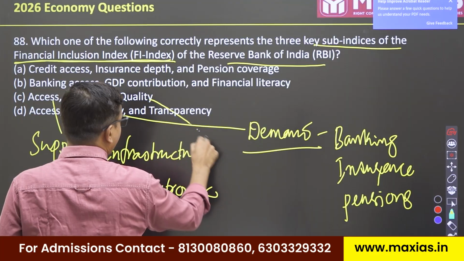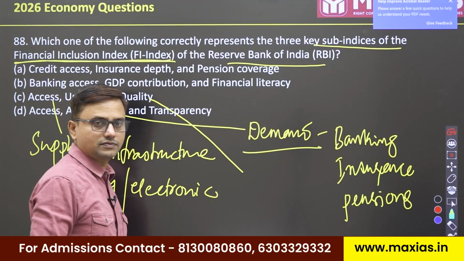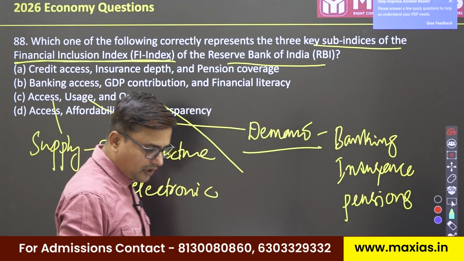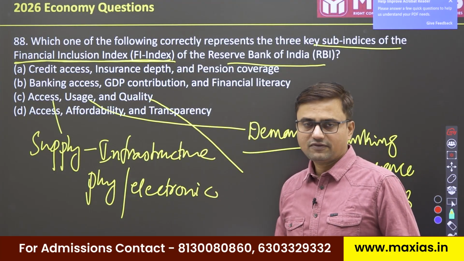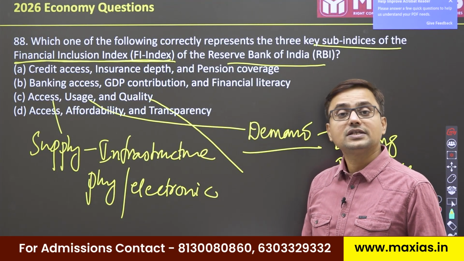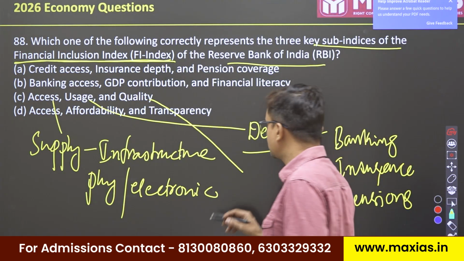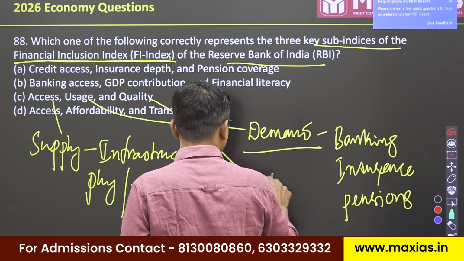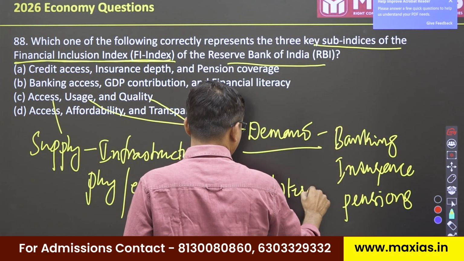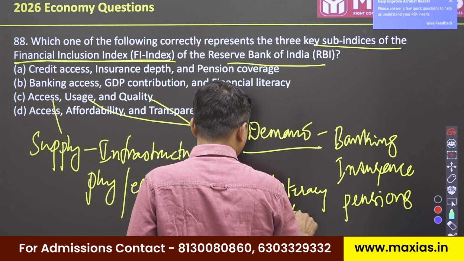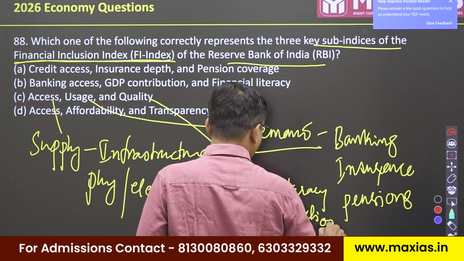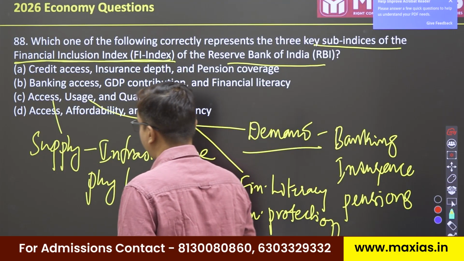Next is the quality of financial services. Some aspects like financial literacy and consumer protection are covered under the quality part.